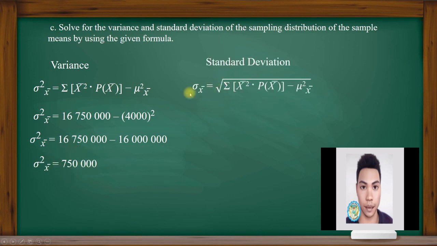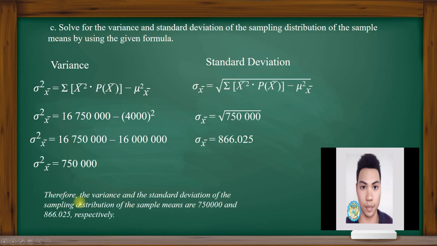Then the standard deviation, square root lang natin yung 750,000. So we have the standard deviation of the sample means, which is 866.025. So therefore the variance and standard deviation of the sampling distribution of sample means are 750,000 and 866.025 respectively.